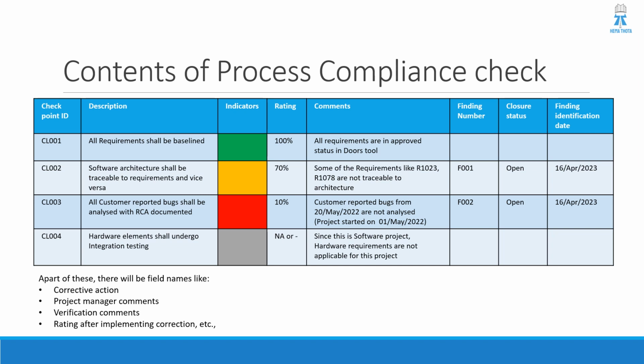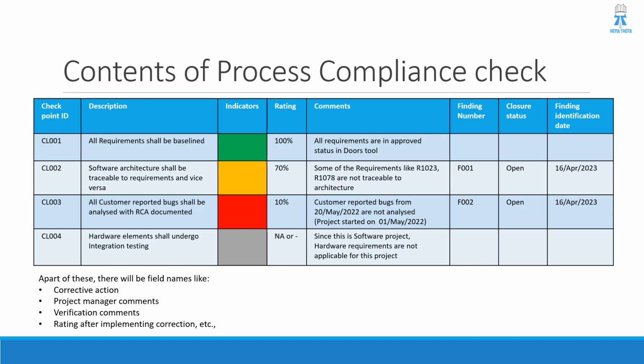In case of functional safety, you will have 700 plus checkpoints, and cyber security will have 200 plus checkpoints. Based on your process scope, the number of checkpoints will vary. But for traceability purposes, identify your checkpoint with a unique identification number. That would be good for your tracking.